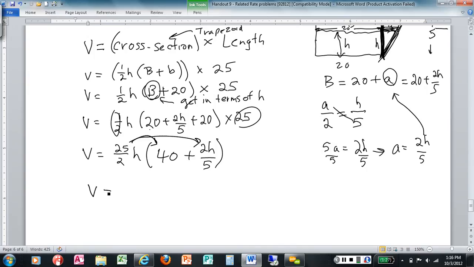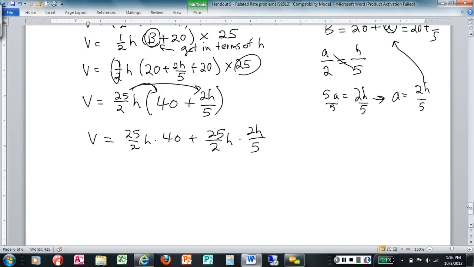So we get volume equals 25 halves H times 40, and then 25 halves H times 2H over 5. And simplify that, which I think does nicely. That goes 20, so that's 500H up front. The 2's cancel. The 5 goes into the 25. So don't I have 5H squared there?